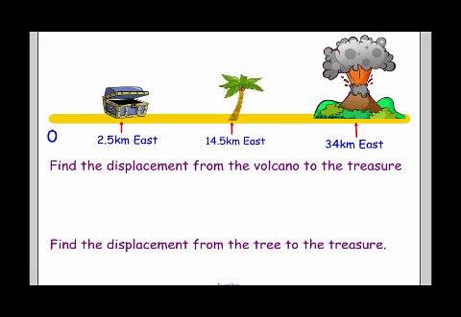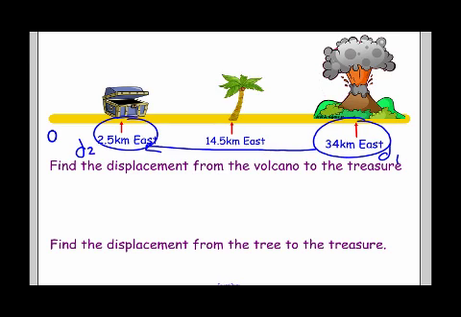The first one says, find the displacement from the volcano to the treasure. So the volcano is where I'm starting, to the treasure, way over here. This wants the displacement from D1 all the way over here to D2. If I'm calculating displacement, I'll always start off with the same formula. It's equal to D2 minus D1. Please make sure you are writing this down.